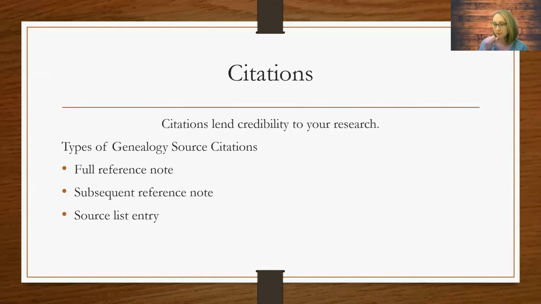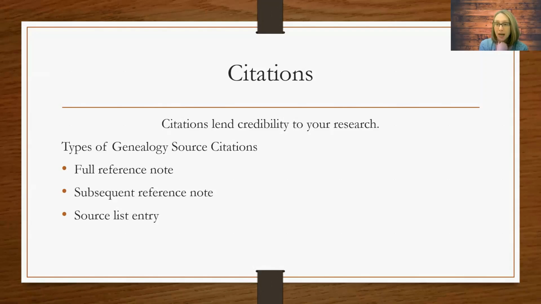So we want to create a citation that describes the title and who created the source and when it was created and where the source is located, if we know that. If it's online, then we provide that online information.